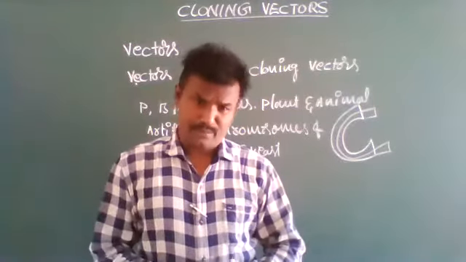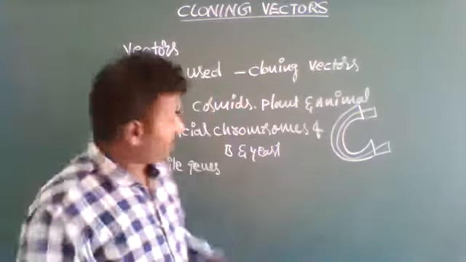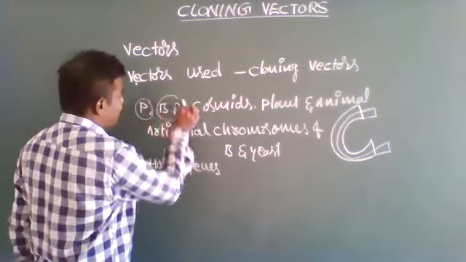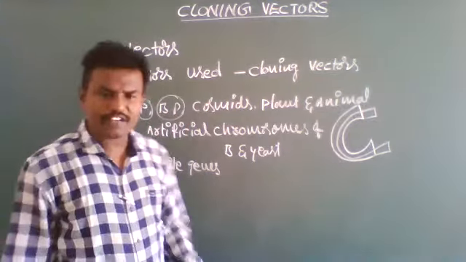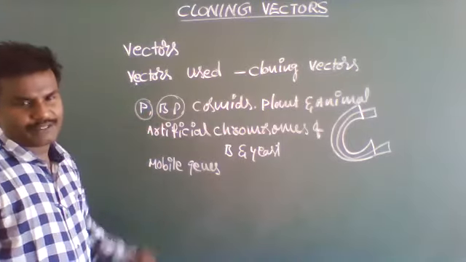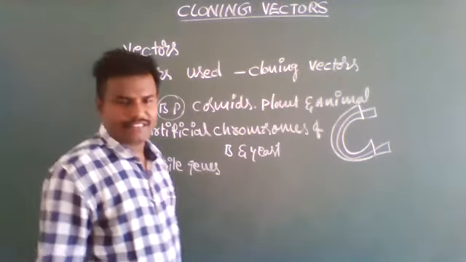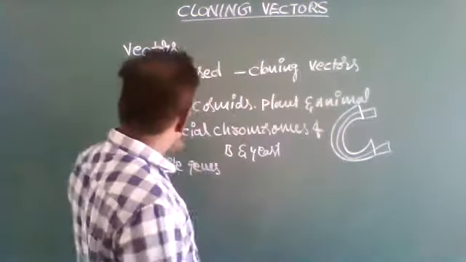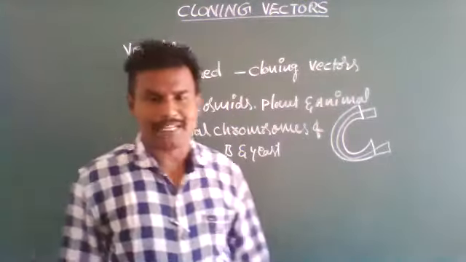Among these, the most frequently used vectors are plasmids; bacteriophages are rarely used. Along with that, plant and animal viruses are also used. What are plasmids?